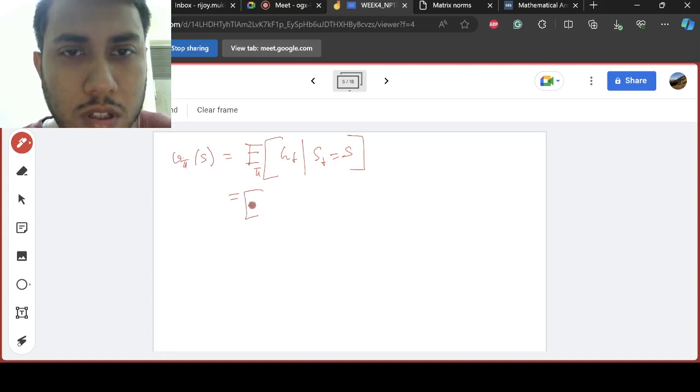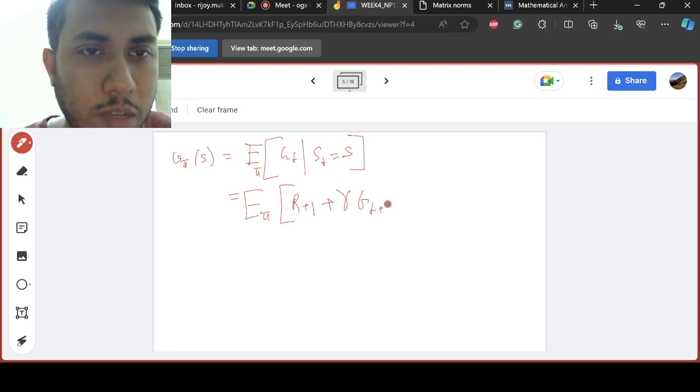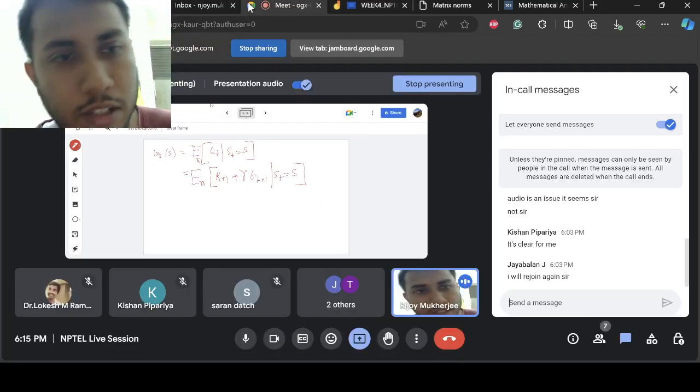Now since this is a return, we can write it recursively as the expectation of R t plus 1 plus gamma G t plus 1 given S t equals s. So we can write this.